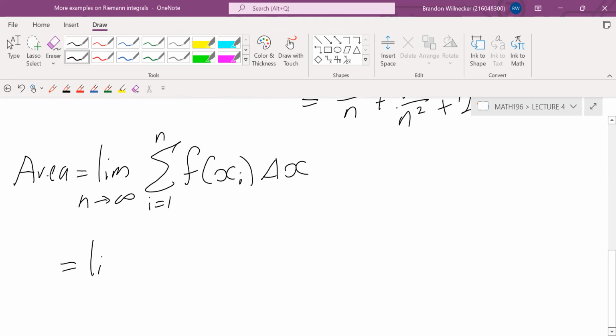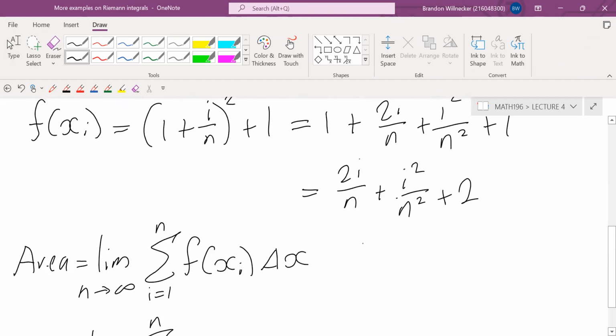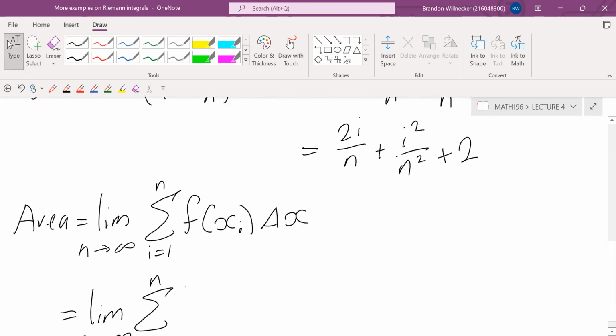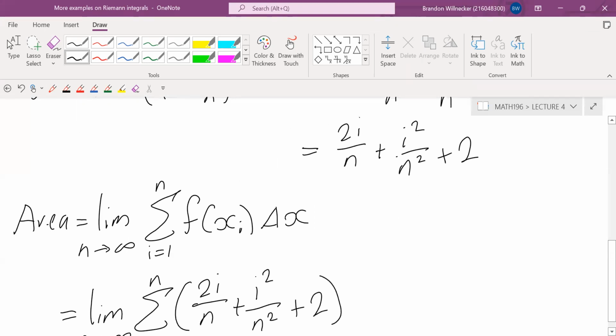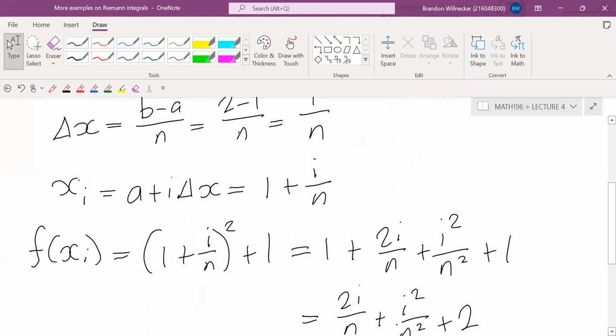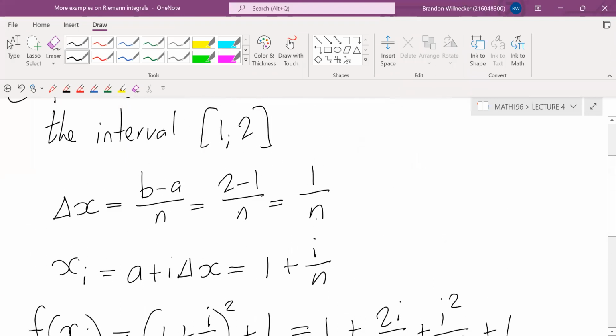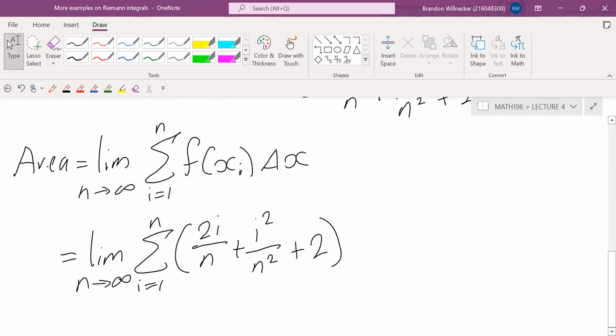So this is going to be the limit as n goes to infinity, the sum from i equals 1 to n, f of xr, we just calculated that. That's over there. So that's going to be 2i over n plus i squared over n squared plus 2. And then don't forget the delta x. What was that? That was 1 over n. So let's put that in.